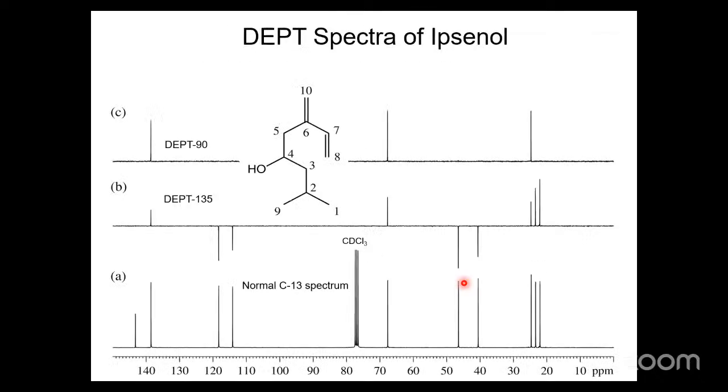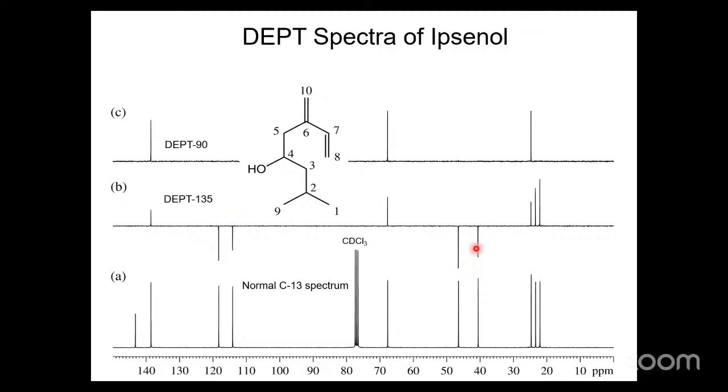Okay, this is the DEPT of epsilon: normal C13 NMR, DEPT 135 and DEPT 90. In DEPT 135, you can see C5, C3, C8, C10. All these methylenes will be down.